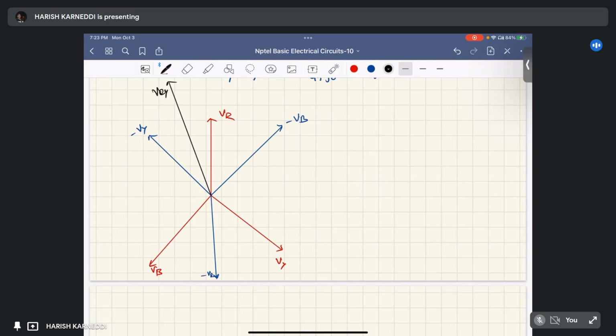What is the angle? This angle is 120 degrees. So this angle will be 60 degrees and this angle will be 30 degrees, right? It means the phase voltage VR lags the line voltage by 30 degrees. So VRY is the line voltage, VR is the phase voltage, lags by an angle of 30 degrees.